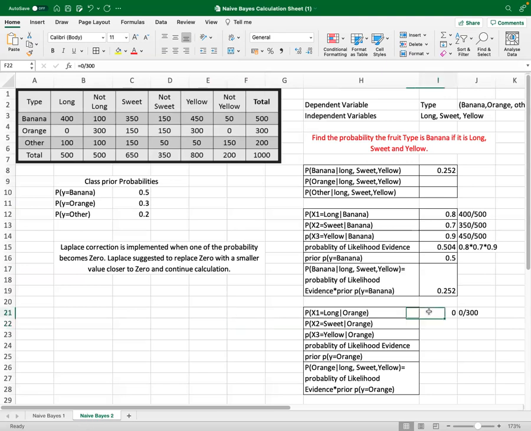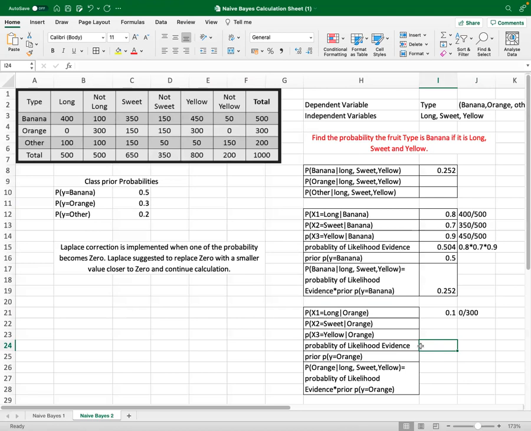So we got long and orange as 0. I am converting it to 0.1, a smaller value closer to 0, so that the calculation does not become 0. This we call Laplace correction. The smaller value must be between 0 and 1, as close to 0 as possible.